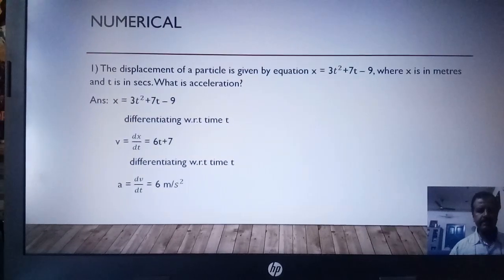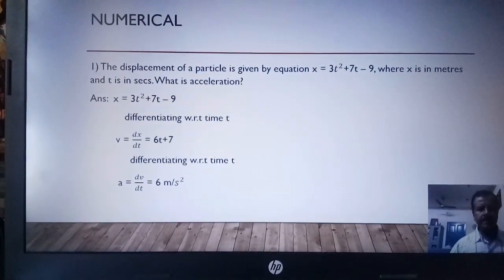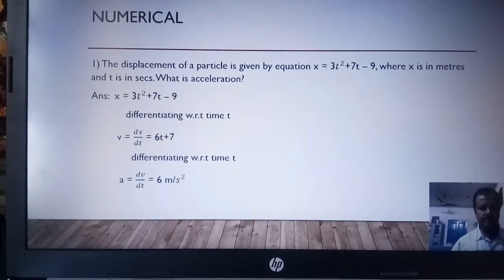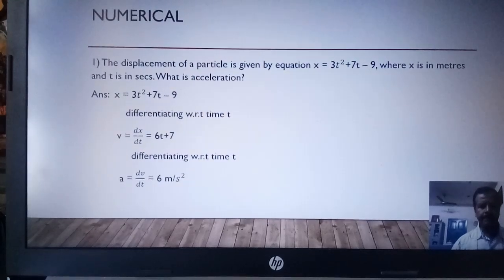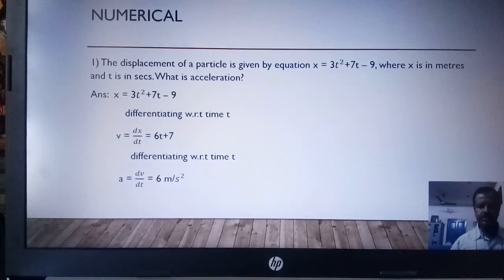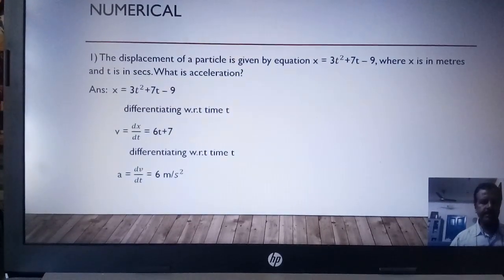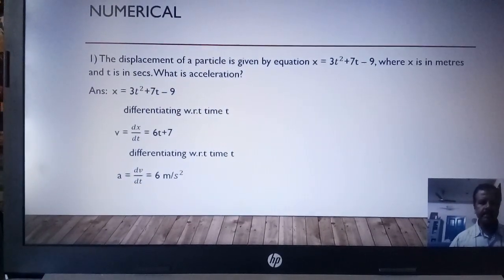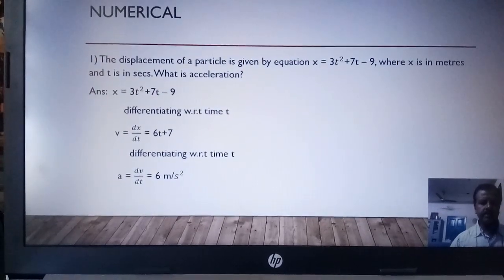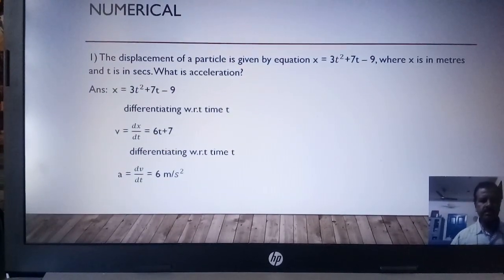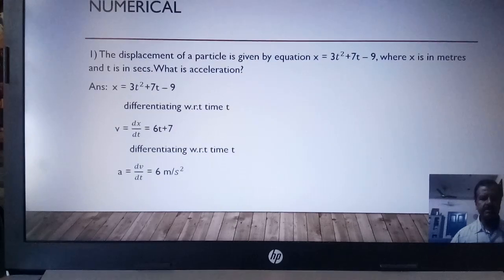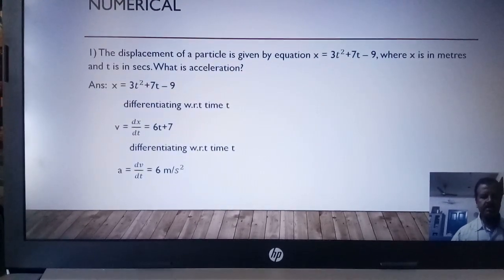First write the given equation of position, x equals 3t square plus 7t minus 9. Carrying out the differentiation with respect to time t, we get velocity v equals dx by dt, that is 3t square. Differentiating 3t square, we get 6t.